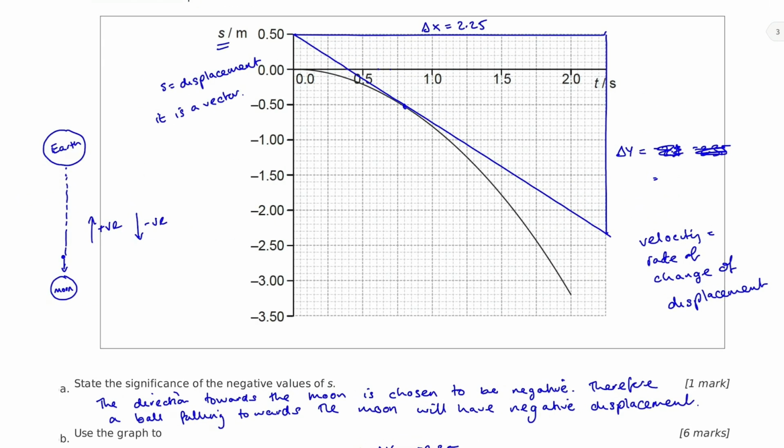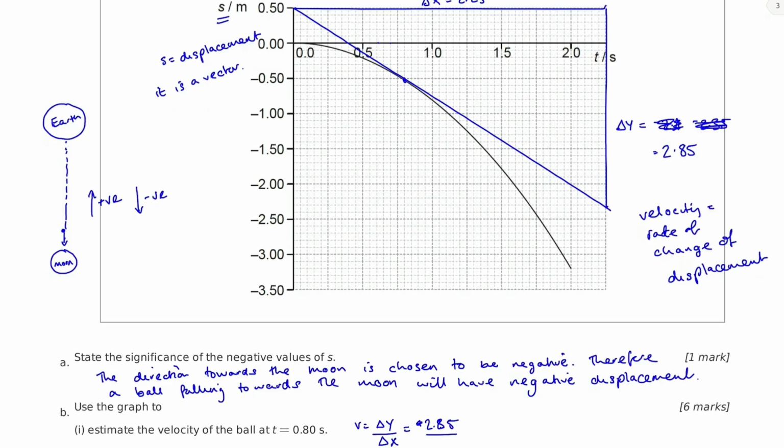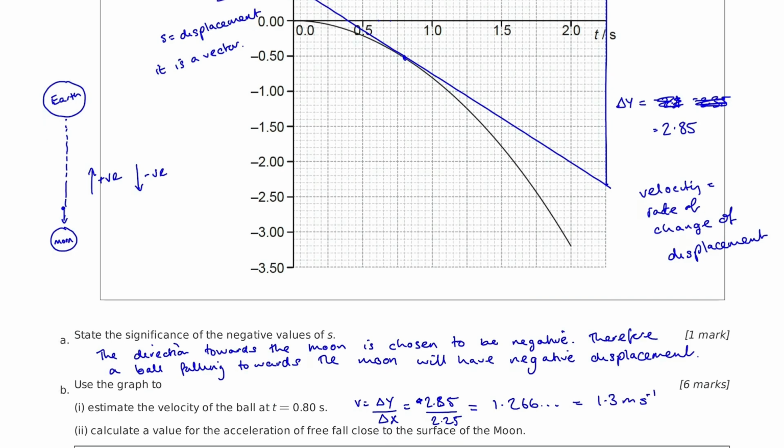Every time I touch the screen, there we are. 2.85 divided by 2.25 gives us an answer of 1.266. So that gives us 1.3 meters per second. So our answer is 1.3 meters per second.